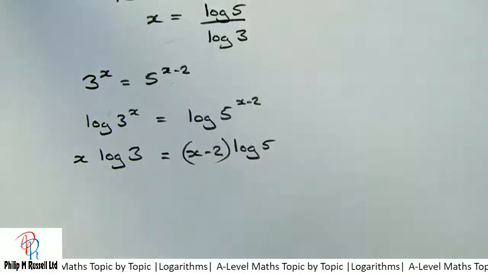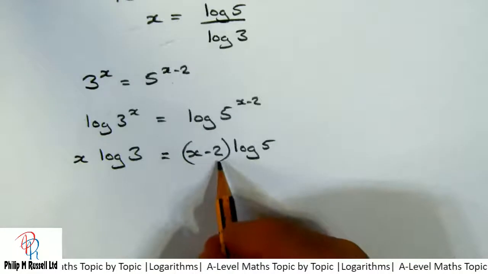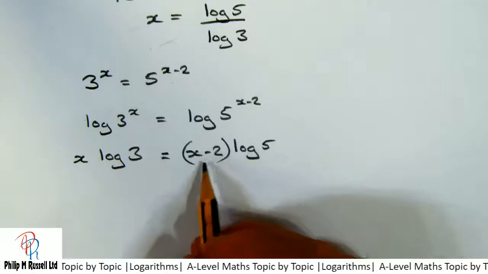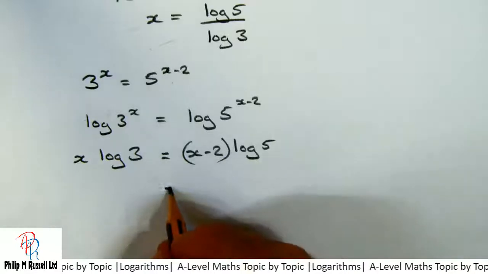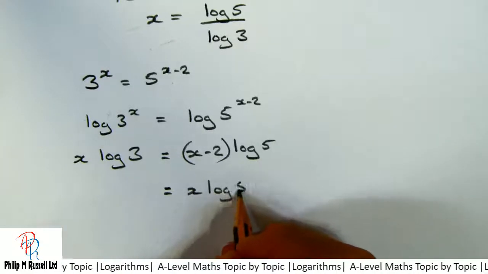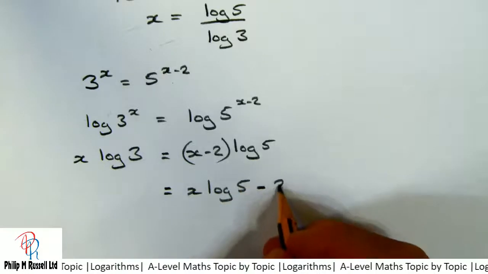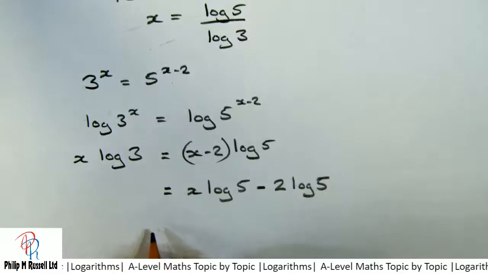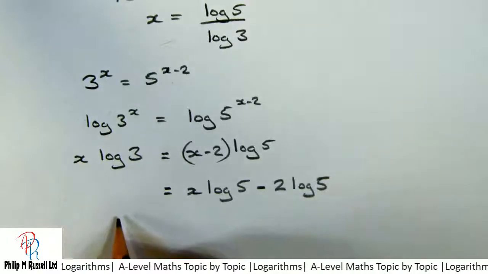Better put that in brackets. And that we know from multiplying out the brackets here is going to be x log 5 minus 2 log 5, and that's going to equal that.